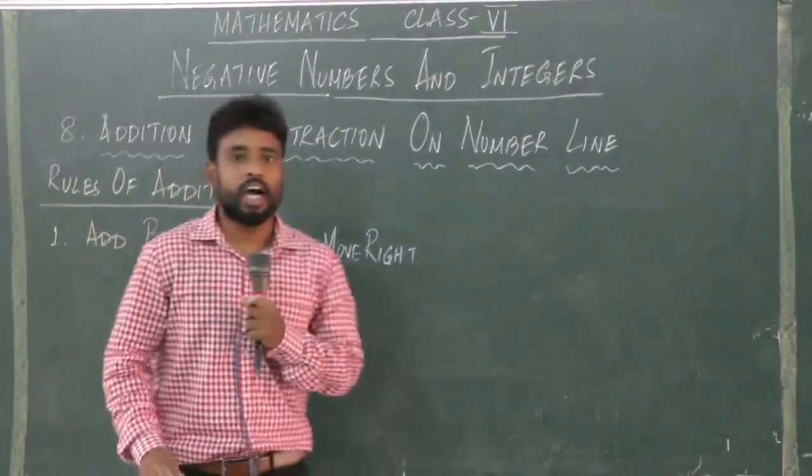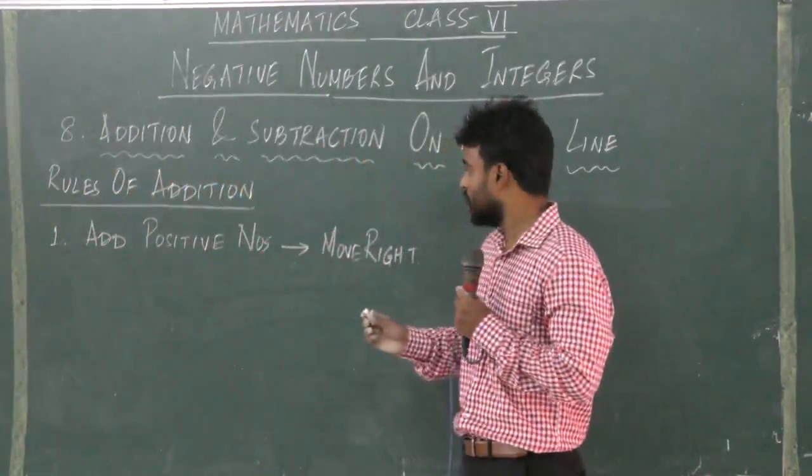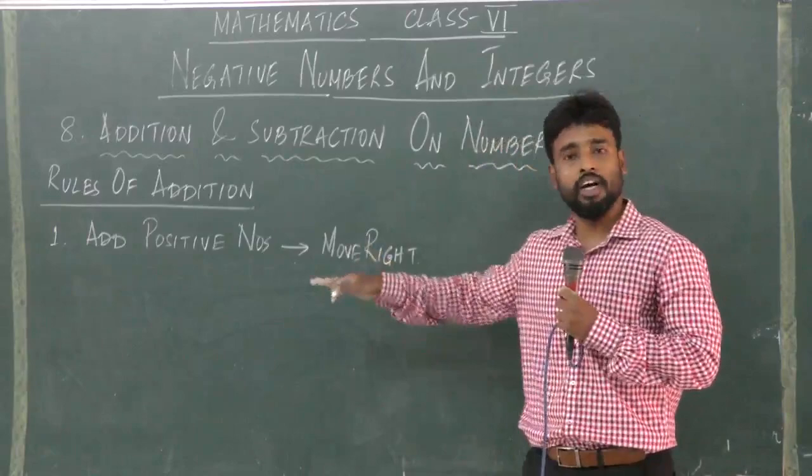So when we have addition of positive numbers, in that case we have to move right of the number line.